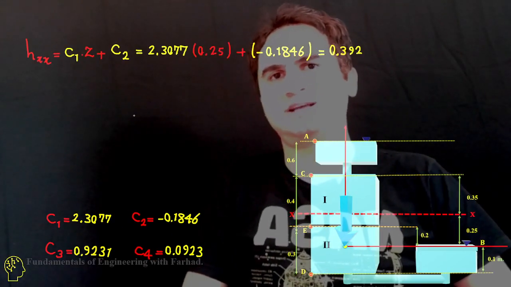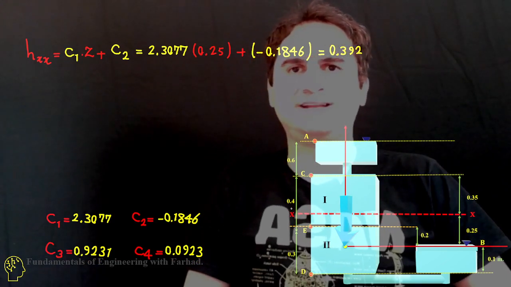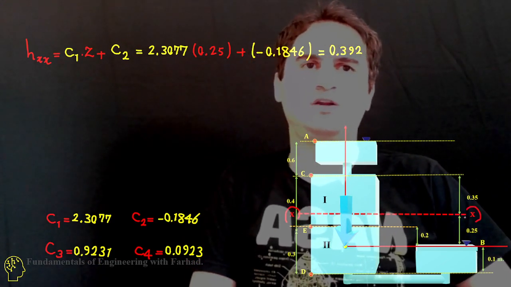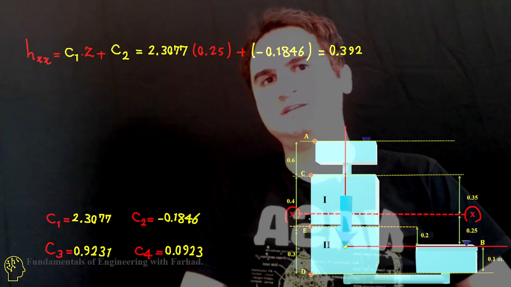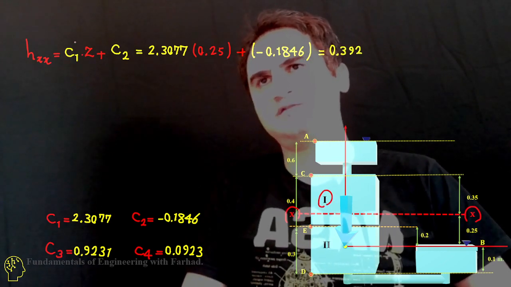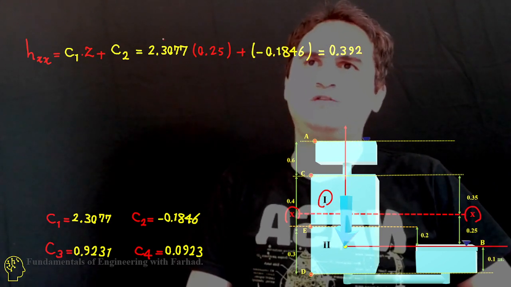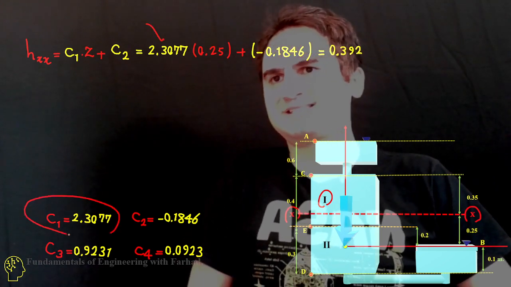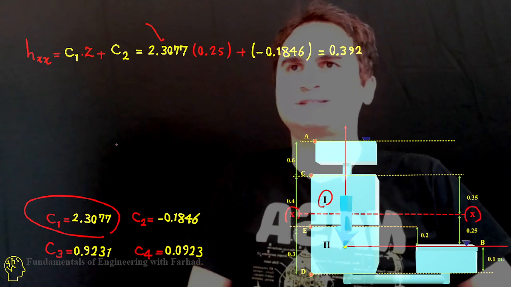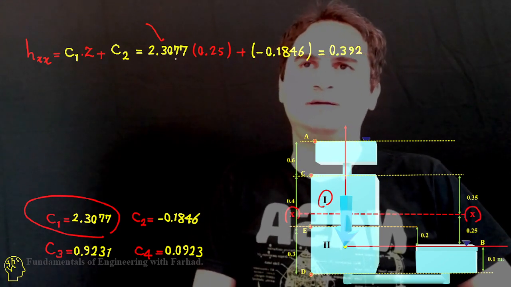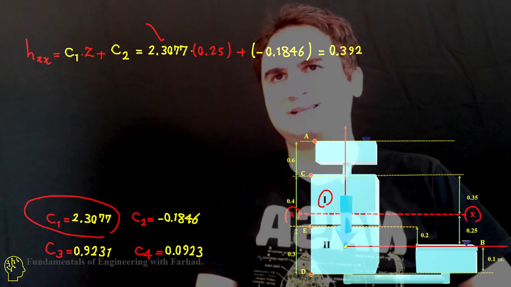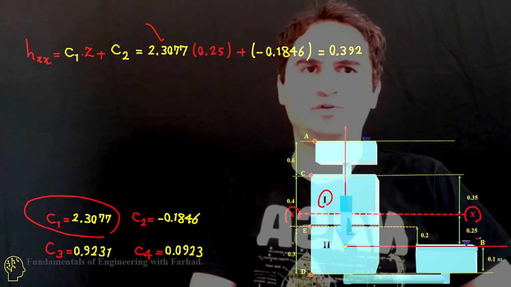H, the head of water at line XX. Line XX is in soil 1. That's C1 times Z plus C2. And C1, if you read out, is 2.3077 times Z, which is 0.25.